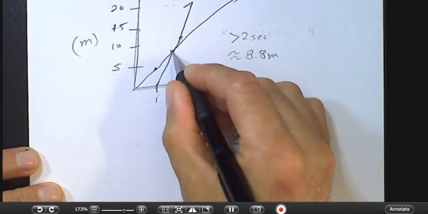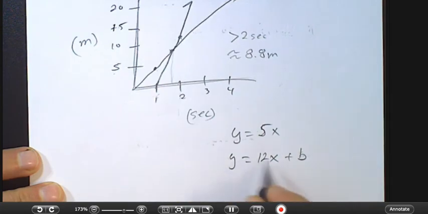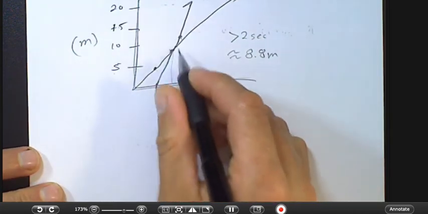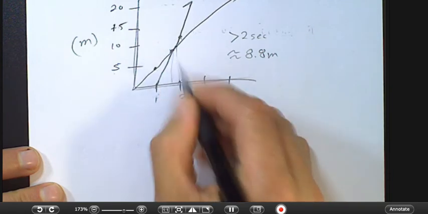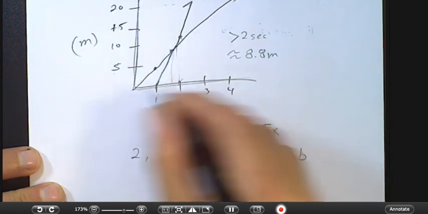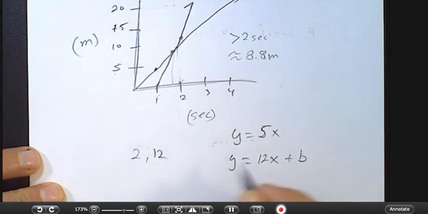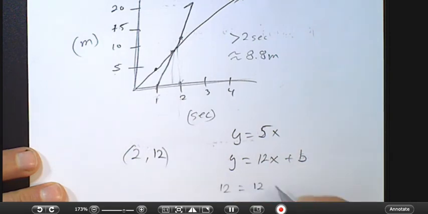So I could take this one point and stick it in here if you remember how to do that. This point right here has a coordinate of 2 and 12. So I could stick that in there. I could say, okay, 12 equals 12 times 2 plus b.